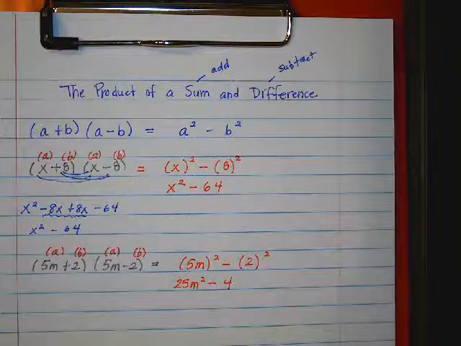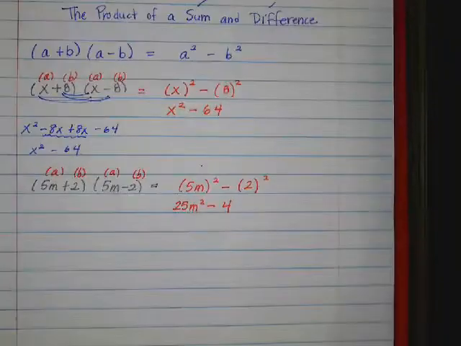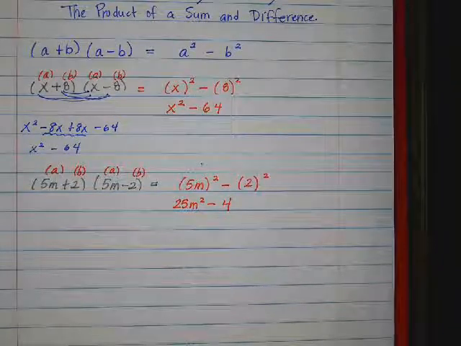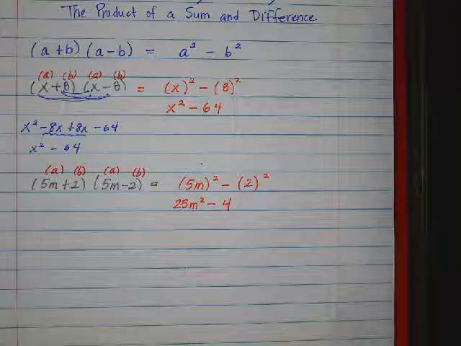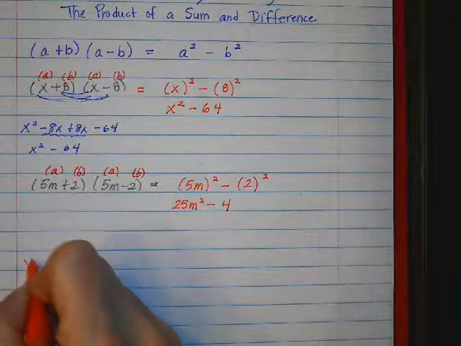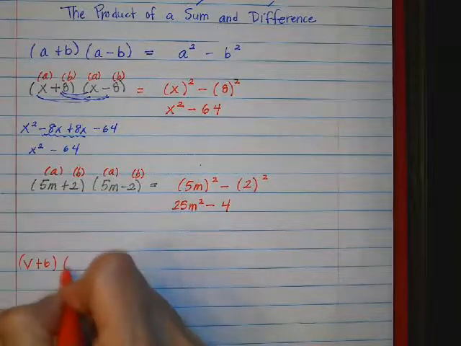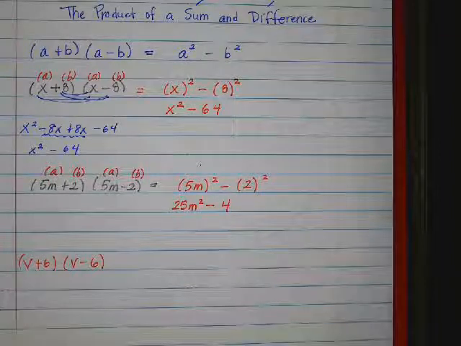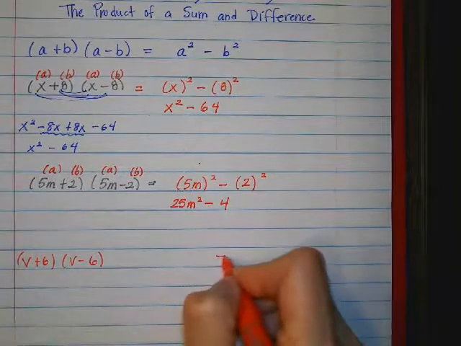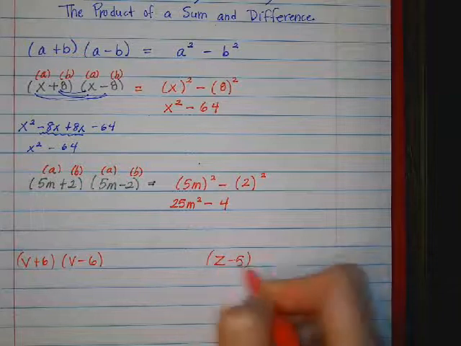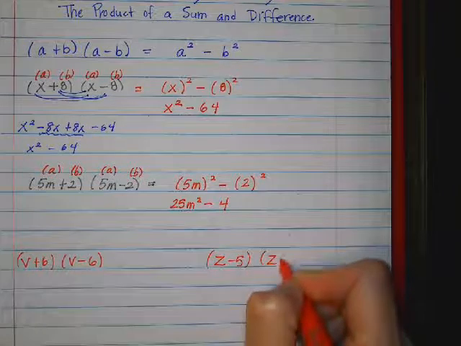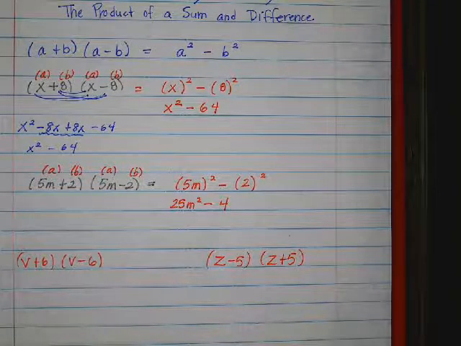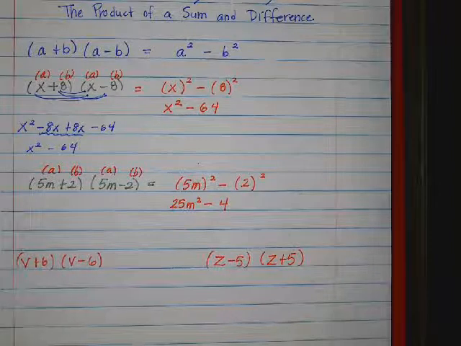Alright, so let's do 2 more of these, and make sure you got it under your belt. We're going to do b plus 6 and b minus 6, and we're going to do z minus 5 and z plus 5. Alright, so first thing we have to identify is our what?